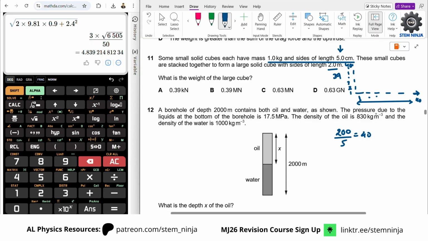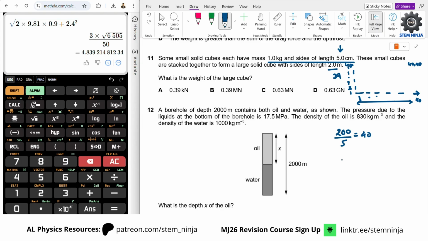So how many do we have? 40 times 40, 1600. That part is not changing. However, just to see what is actually going on, you will have a 40 by 40 layer of cubes over here.